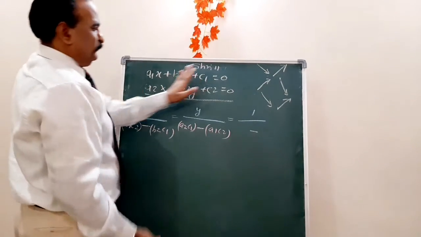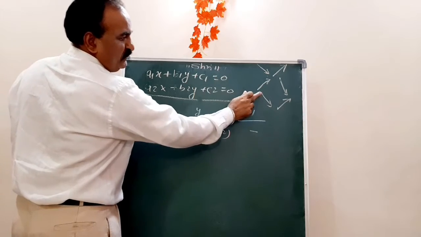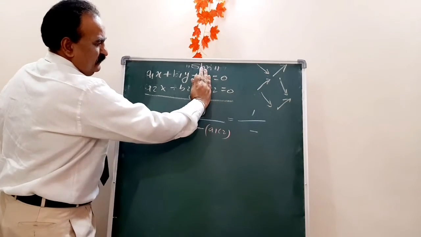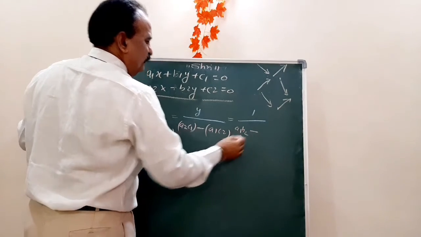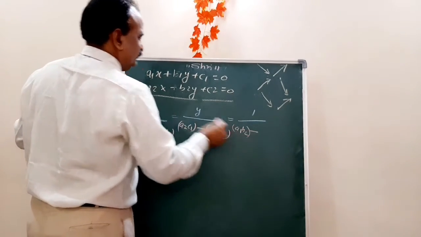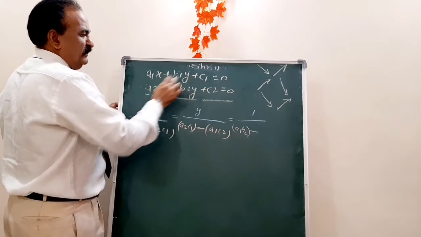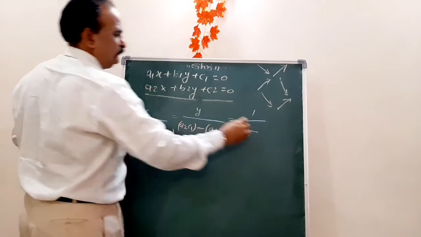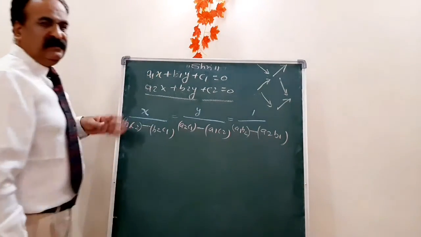Now this is the constant term. You have to multiply like this. It means a1 b2 minus a2 b1. Okay, this is the formula.